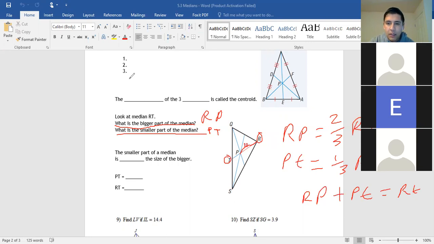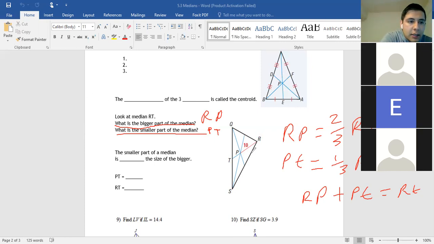Okay, so let's actually put this in with numbers. What is the information that is given to us here? We don't have the entire thing, but what's the number that we do have there? 10. And what does that represent? RP, P to R. Right.